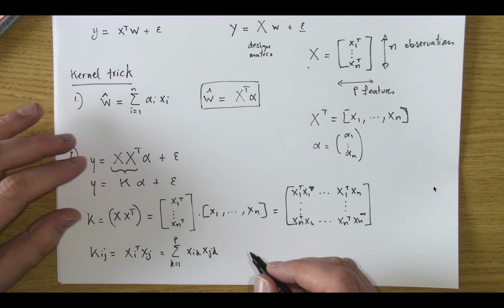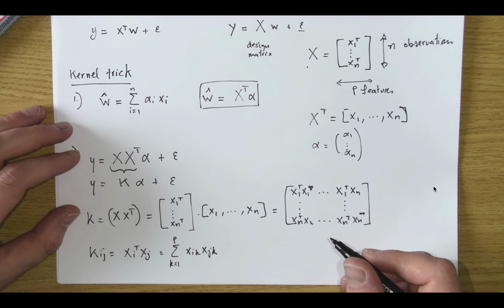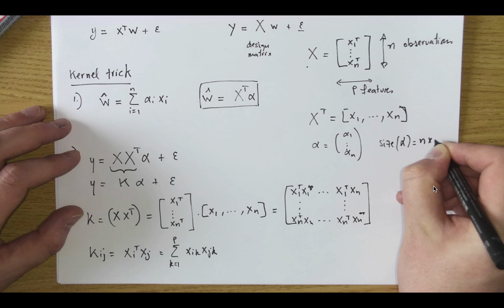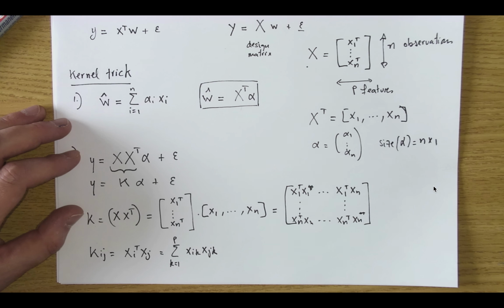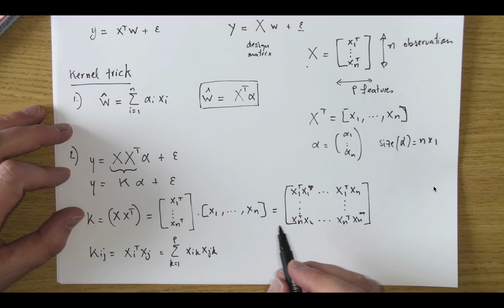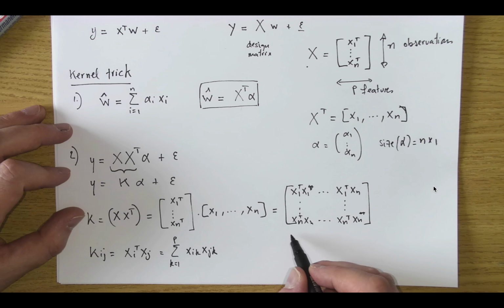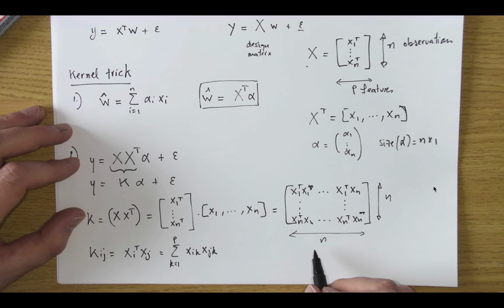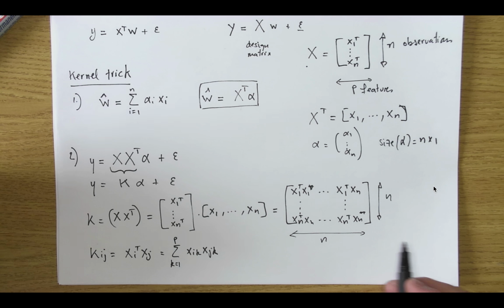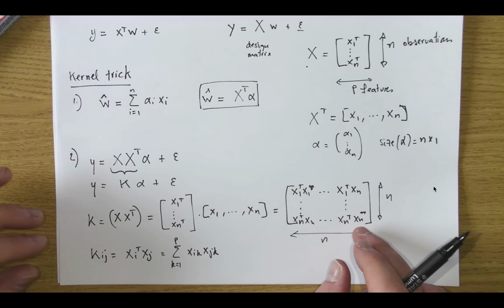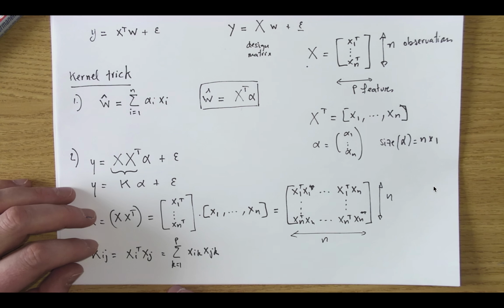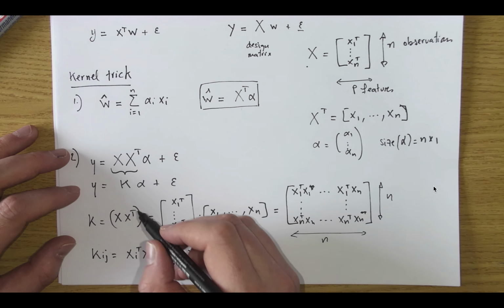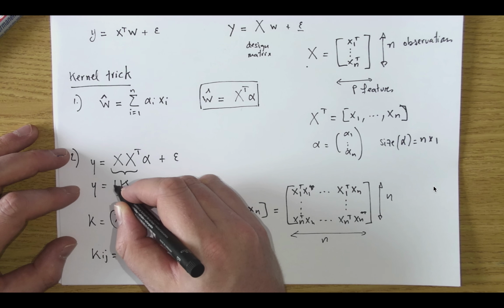Alpha is of size n by 1, and K is of size n by n. We have the number of observations n, and each of these entries is the scalar product between two feature vectors. So really what you end up with is the matrix K, of size n by n.